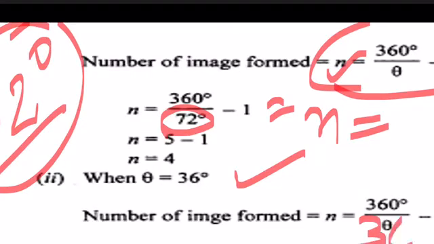You just find out, you will get 10, minus 1, 9. Total images formed will be 9 when the angle is 36 degrees.